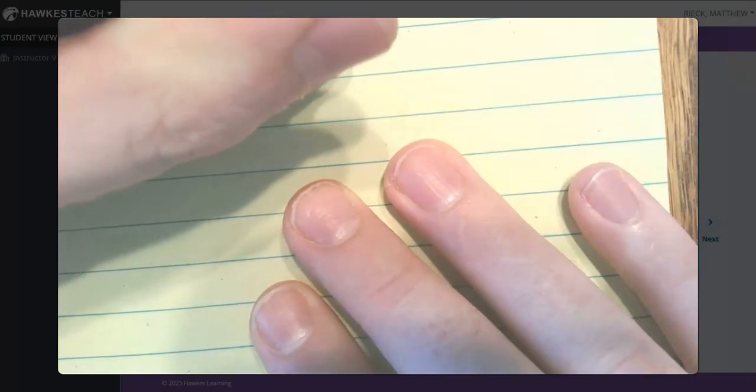So we got negative 22 plus or minus the square root of 22 squared minus 4 times negative 4.9 times 14. So I got 758.4 over negative 9.8.